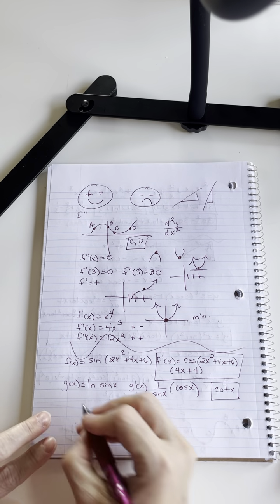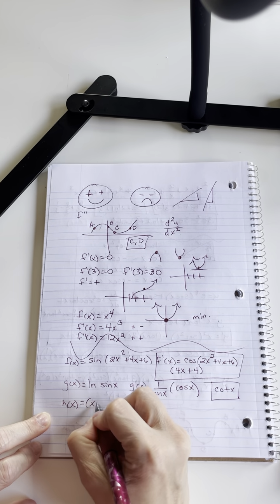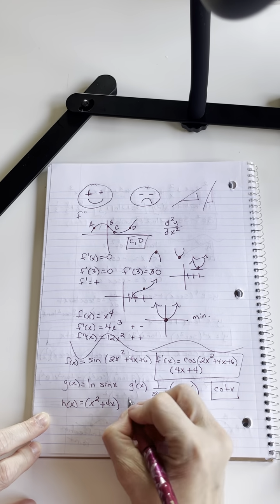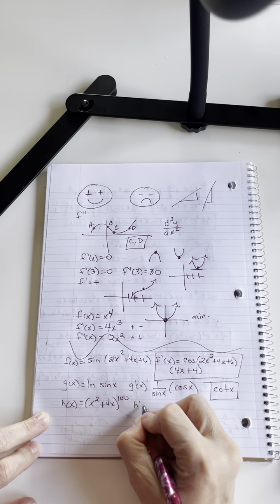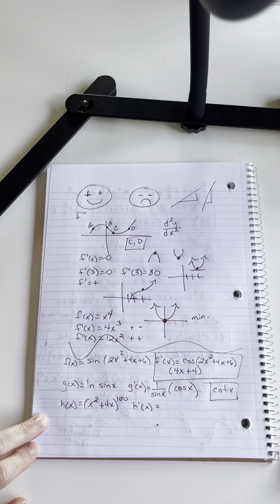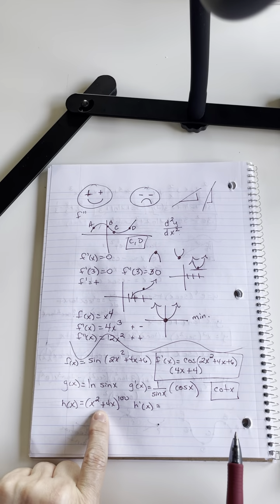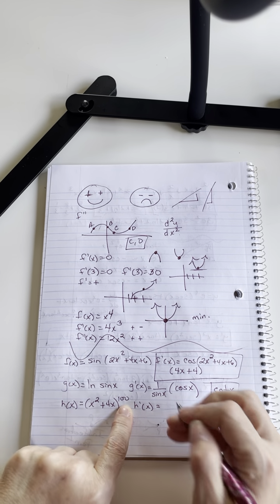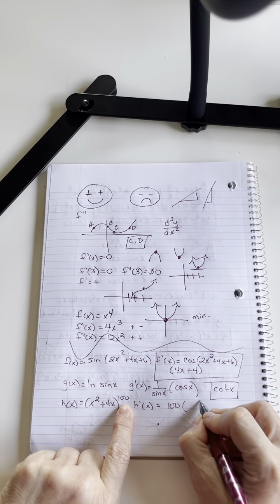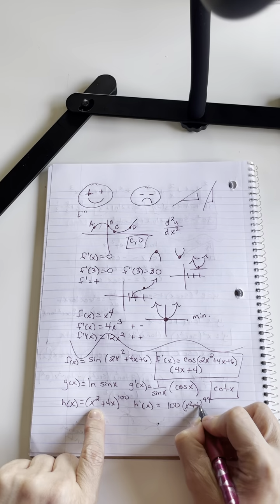Example 3. If h of x equals x squared plus 4x to the 100th power, find h prime. Oh, I guess I gotta put an equal there. So now we are going to assume that this is u as a u substitution to the 100th power. So this is going to be 100 u to the 99th, but that u is this x squared plus 4x stuff.